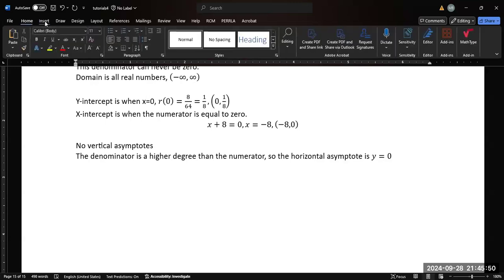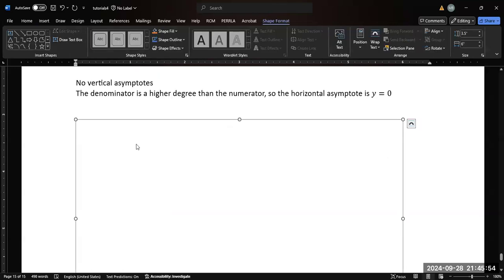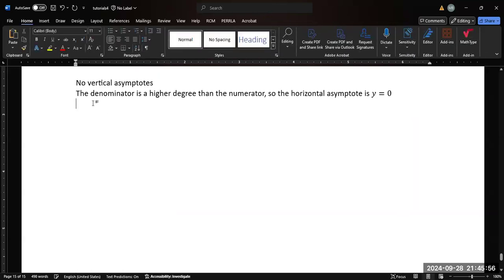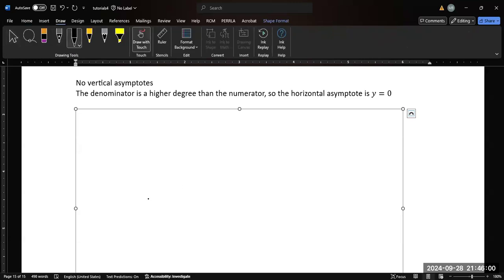So let's sketch, and then we'll verify in Desmos. So we've got our axes. Now we know that we have a 0 at -8. 1, 2, 3, 4, 5, 6, 7, 8.